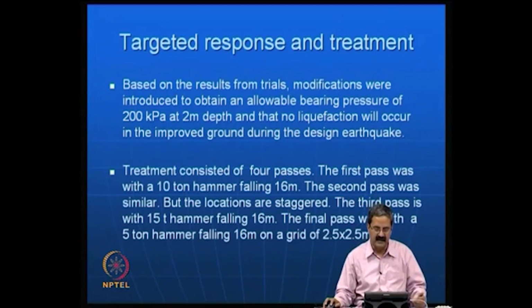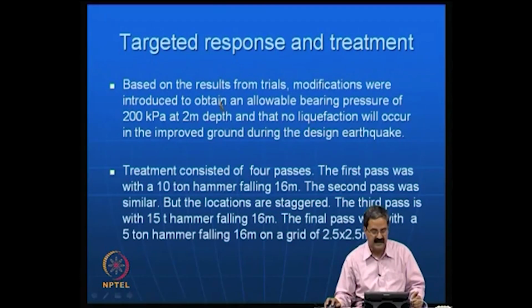And there is a criterion on the actual field number that you should be able to achieve with your equipment. For example, if it is 25 as an SPT value, then all along the profile the SPT value should be more than 25 or 20, whatever.